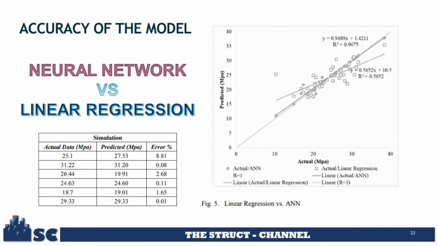A separate simulation was also performed, and take note that these data were not included in the model, to further check the accuracy and whether there is overfitting of the model. The highest error was just 8.81%, and the average error for 6 data was just 2.22%.